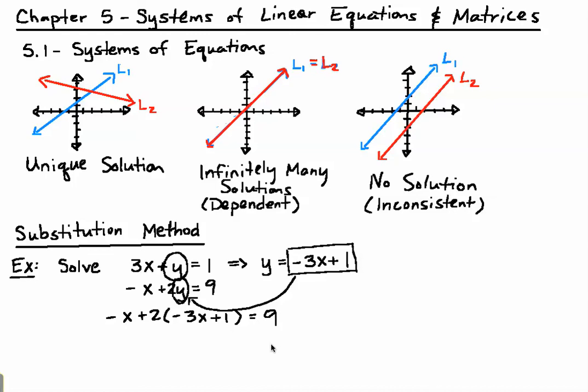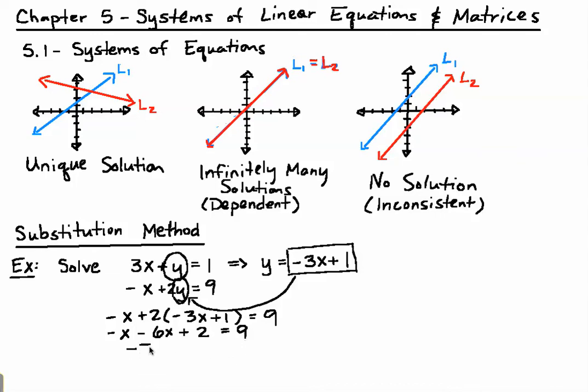Now we're back down to just a simple linear equation solving for x. So we distribute the 2 that's on the outside of the parentheses. That gives us negative x minus 6x plus 2 equal to 9.